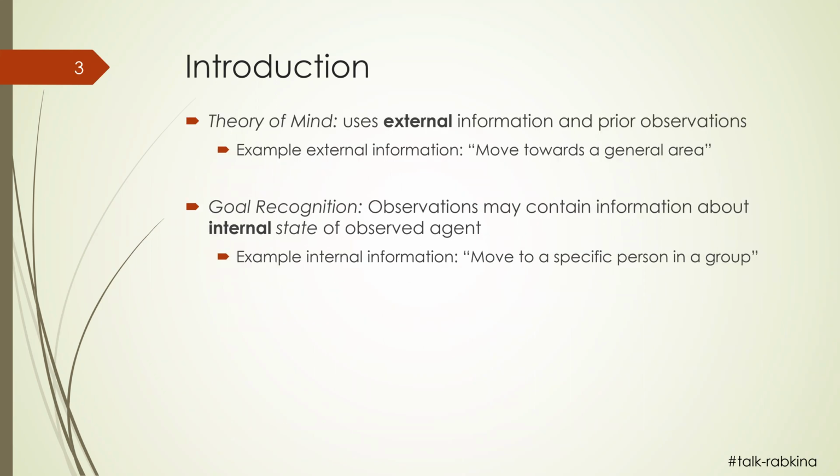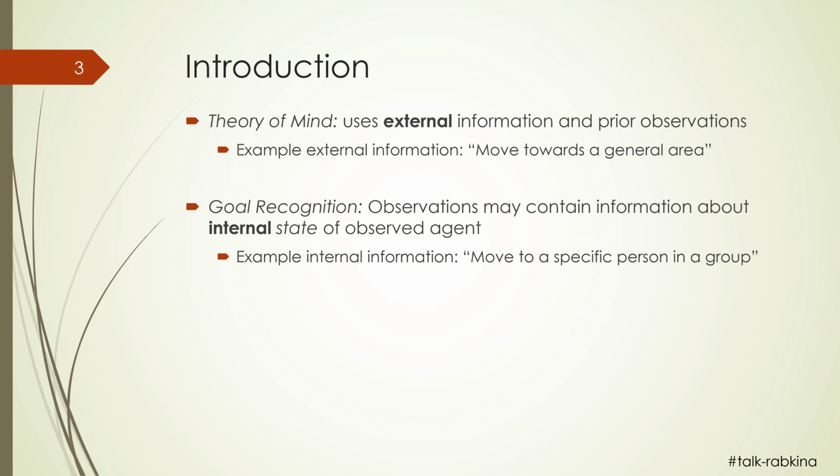The main difference between theory of mind as it's defined in psychology and goal recognition as it's defined by this community is the kind of information that is reasoned from. So from theory of mind, you use what we are calling external information, the sort of information that you can observe, right? I can see someone walking in the general direction of the kitchen, but I don't necessarily know that they're actually going to the kitchen, or that they're going to the kitchen sink.